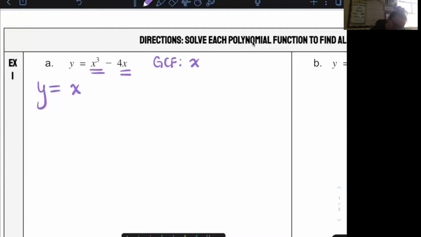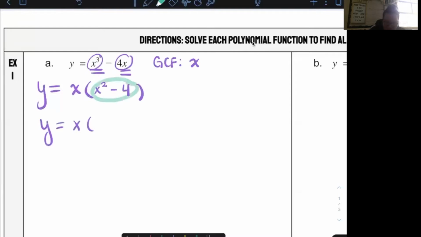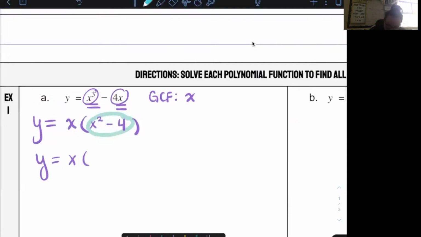So I'm going to have x times. If I factor out an x from x cubed, I'll be left with x squared. If I factor out an x from 4x, I'm going to be left with a negative 4. And then I notice that this is a difference of squares.